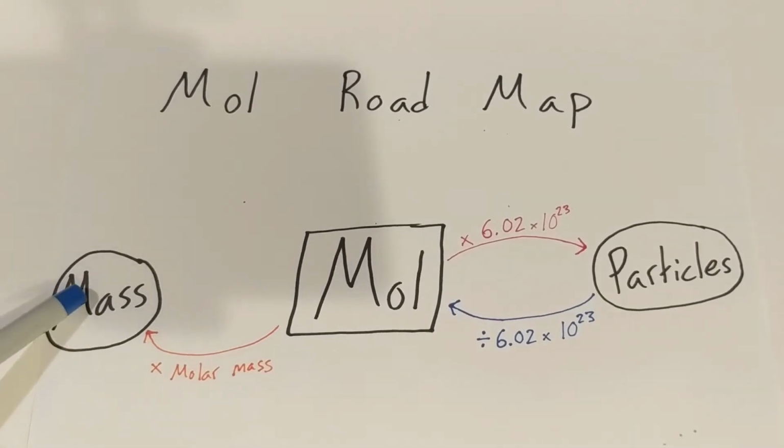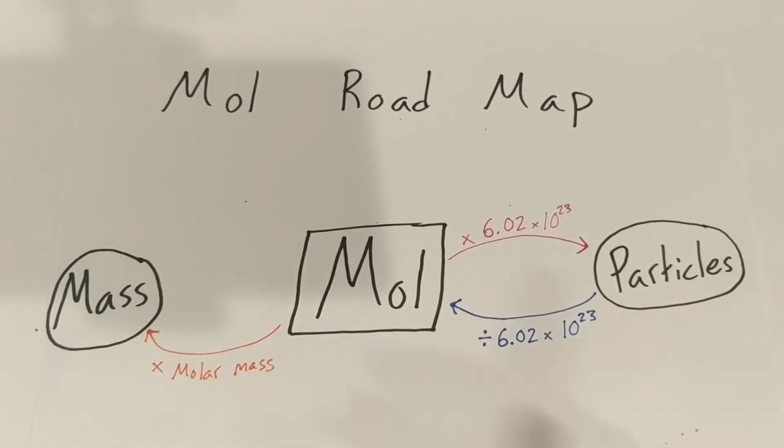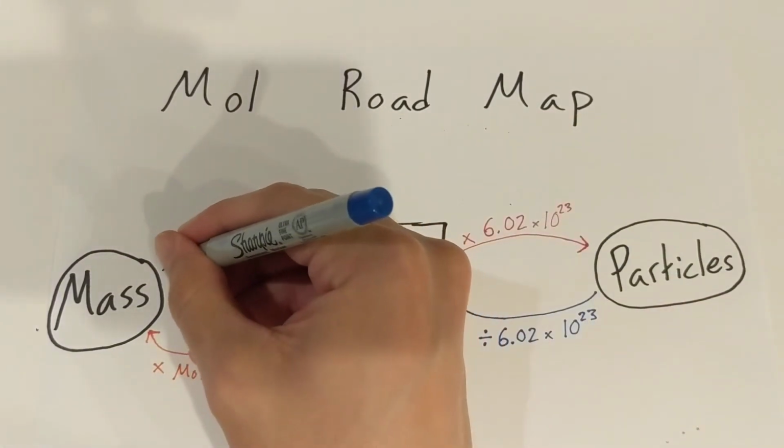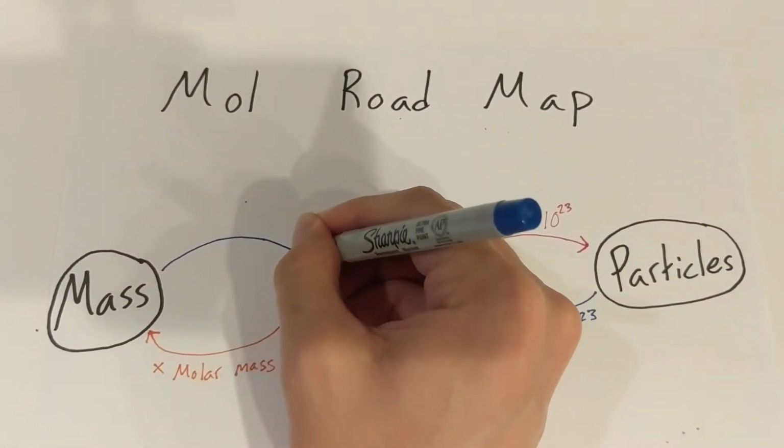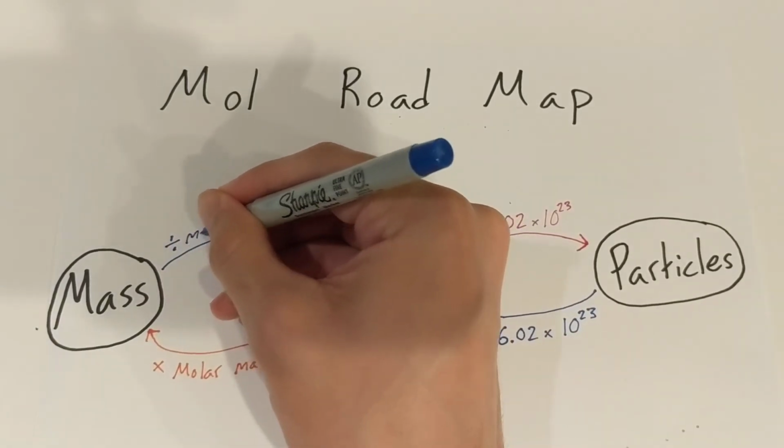If we have the mass and we want to find how many moles that is, all we have to do is divide by the molar mass.